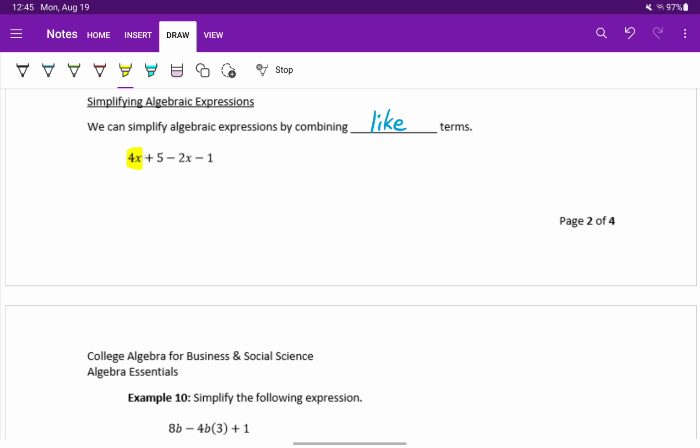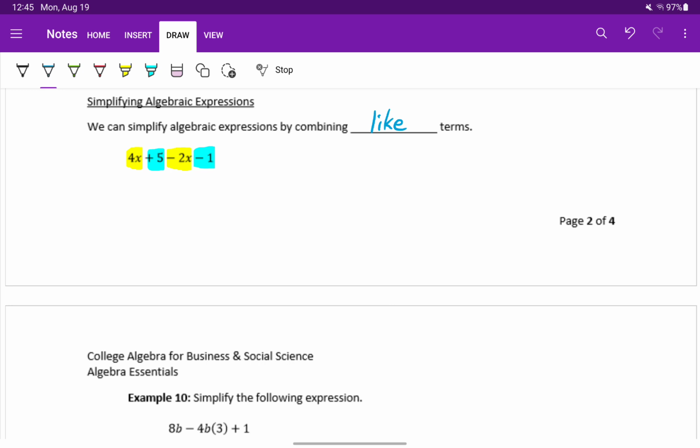For instance, 4x and minus 2x are like terms because they both have the same variable present, x. Plus 5 and minus 1 are like terms since they also have the same variable factor, which is no variable factor, they're just constants. So constants can be added and subtracted, and then other terms that have the same variable factor present can be added and subtracted.